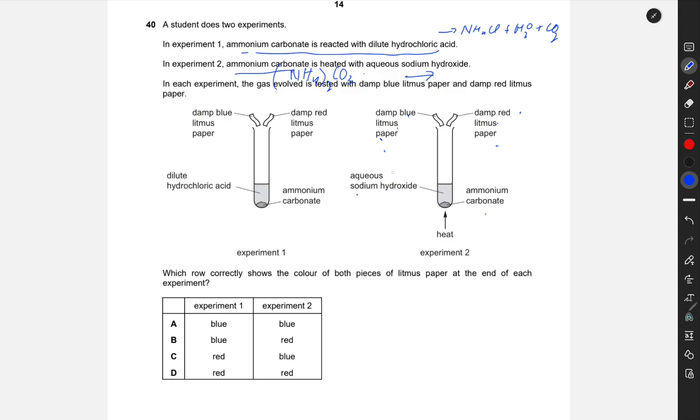For ammonium carbonate with hydrochloric acid and for ammonium carbonate with aqueous sodium hydroxide: in this case, ammonia gas plus sodium hydroxide, and when it is heated, carbon dioxide is also formed, water and sodium carbonate. Sorry, sodium carbonate.